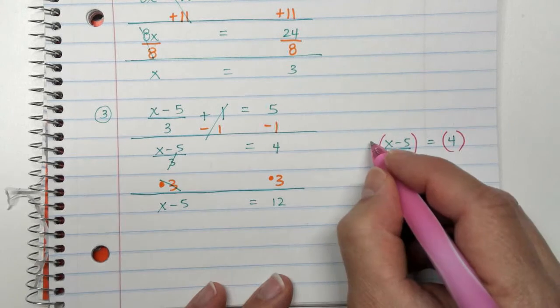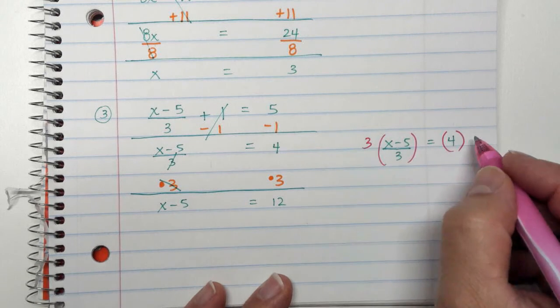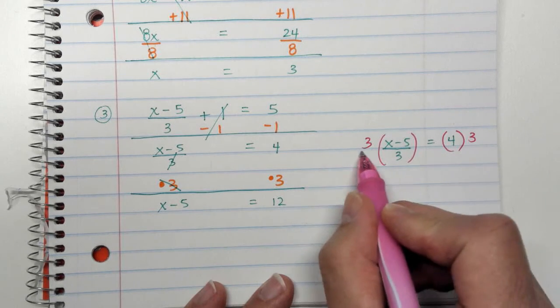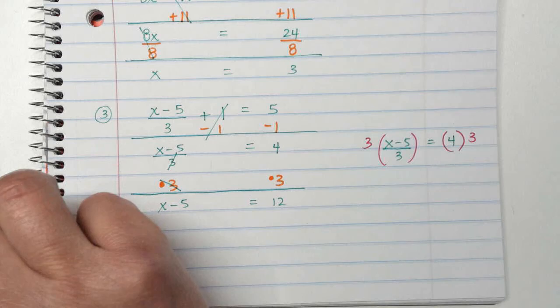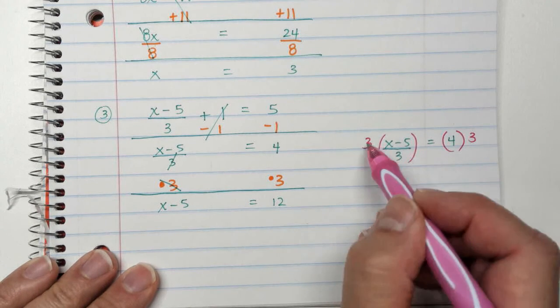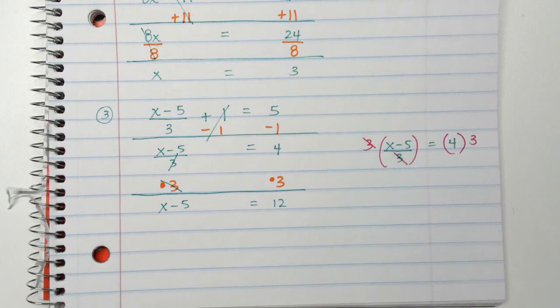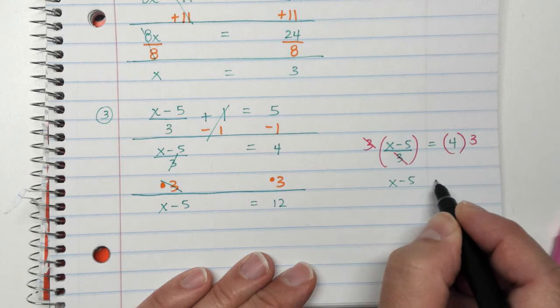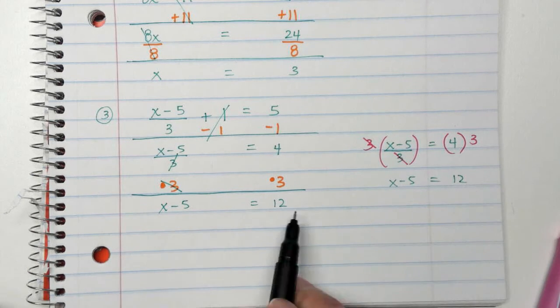Multiply by 3 on the left, multiply by 3 on the right. Notice both the 3's are on the line. And then you get 3 divided by 3, which is 1, or you could say cancels. And x minus 5 equals 12, which is exactly what we had there.